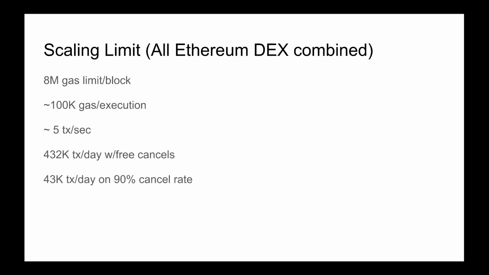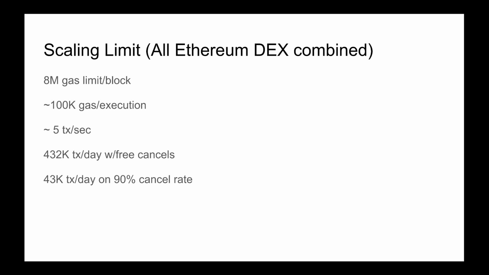So all DEXs that are matching on-chain put together, if the only use for Ethereum is nothing but DEXs, will not grow bigger than Coinbase. That's essentially your physical limit. So all DEXs put together, having complete allocation of the Ethereum bandwidth, this is the maximum they can do. Okay. Now, 90 to 98% of orders are cancels because of the way the price moves.